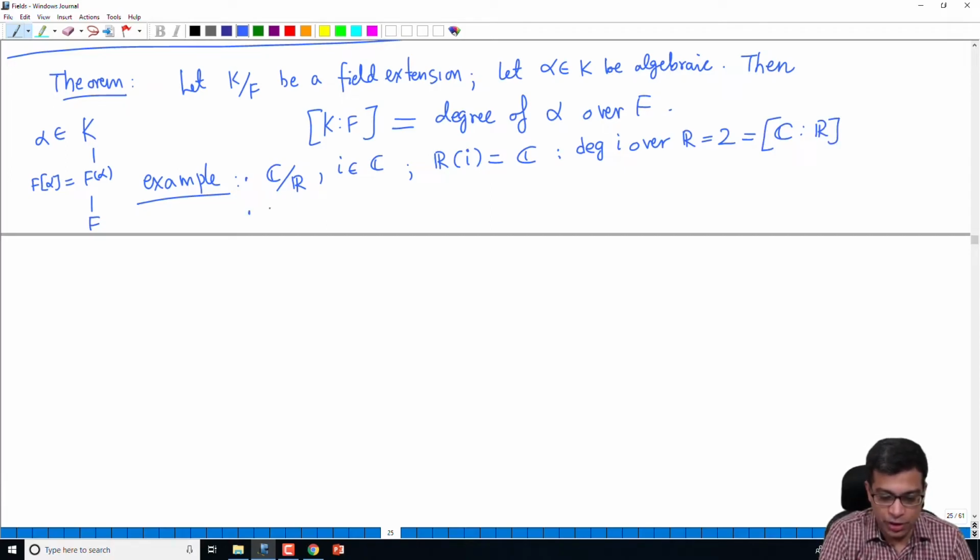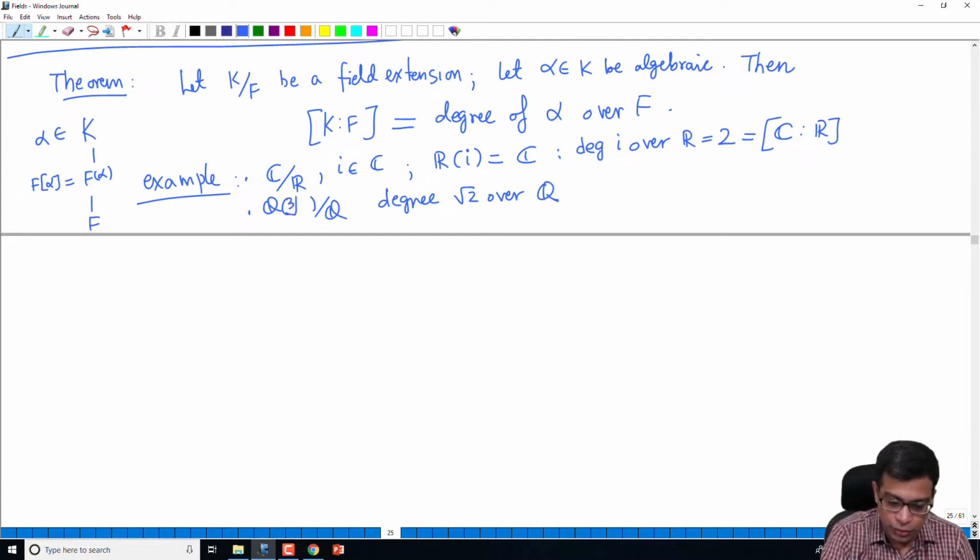Another example you can take is Q adjoin root 2 over Q. Let me take the cube root of 2 just for variety. So the degree of the cube root of 2 over Q is actually 3.